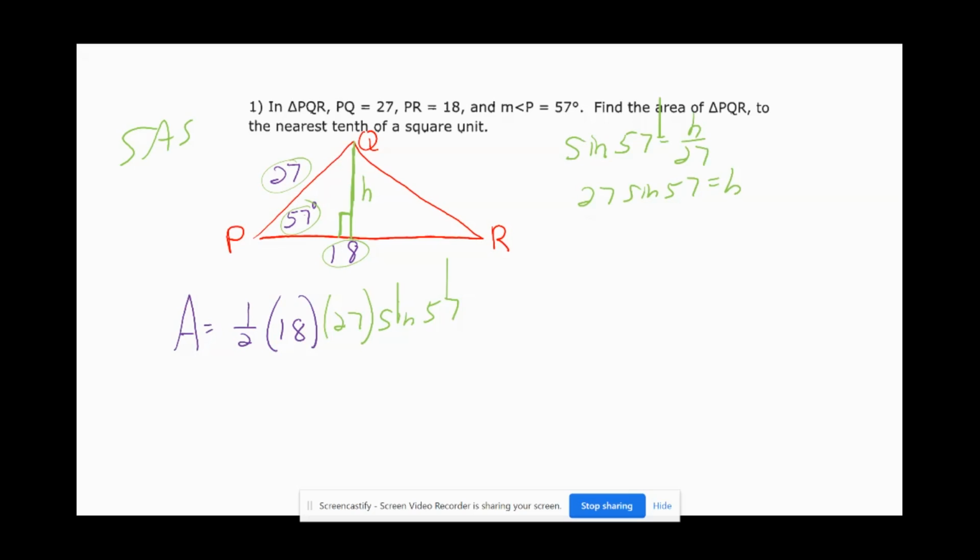I'm given a side, an angle, and a side all right next to each other consecutively. You can use this formula where you take 1/2 the two sides and then the sine of the angle, and you will get the actual answer. So I'm quickly typing that in, and I get 203.8.